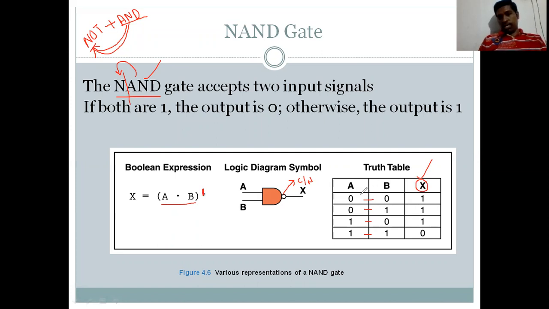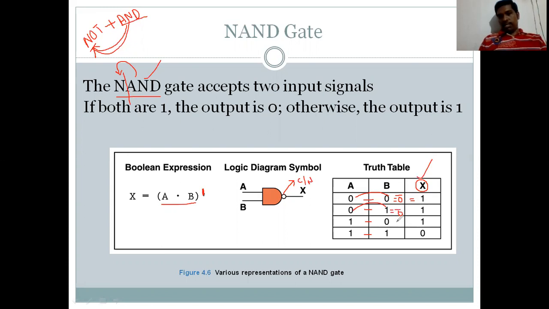So what we have to do here, we need to multiply 0 with 0, and then the answer will be 0, and this 0 is to be complemented. So 0 complement is nothing but your 1. Likewise, multiply this 0 with 1, again you will get 0, and again 0 complement is your 1.